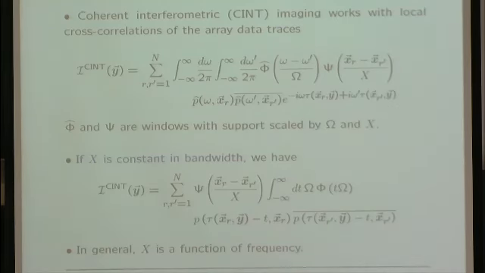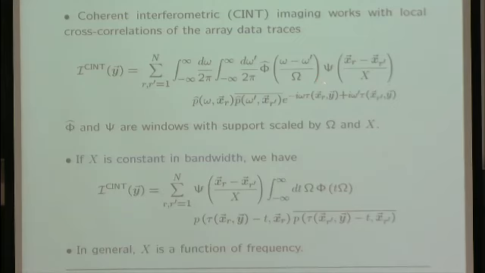Here you take the data and the complex conjugate of the data, evaluated at different receivers and different frequencies. This part here is the backpropagation, which is exactly as in the migration function. But then you have these two functions, which are window functions. You can think of phi and psi as being functions with support of order 1.